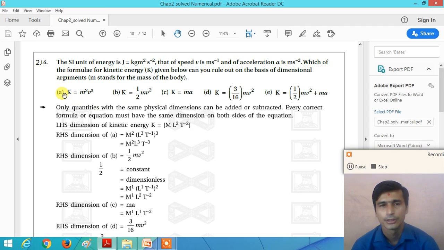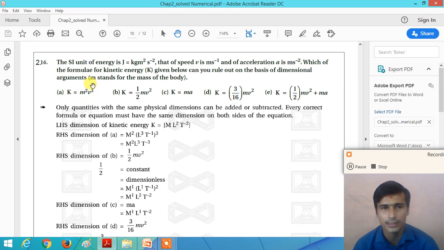So first formula here, K is the kinetic energy. So what is the dimensional formula of the kinetic energy? The dimensional formula of the kinetic energy is M1 L2 T minus 2. So for all the terms we need to calculate the dimensional formula of the RHS. So in the first term, K is equal to m square v square. The dimensional formula of K we know, M1 L2 T minus 2.